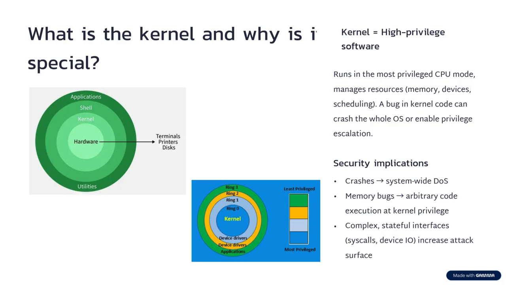That's why protecting it is so important. And that's why this paper is important, because if the kernel is compromised, the entire security of the operating system is also collapsing. So that's why kernel fuzzing is really important, and it's also a challenging issue to tackle.